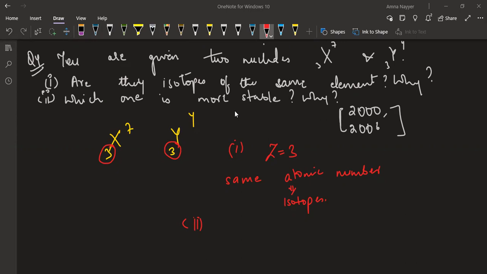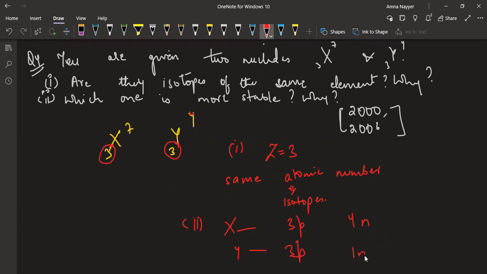See, when you take out the difference between both of these, isotope X, 7 3, is having 3 protons and 4 neutrons. And Y has 3 protons and 1 neutron. Protons will be the same, 3, 3. How much is left? This is 4, no? That's 4. So 1 neutron.